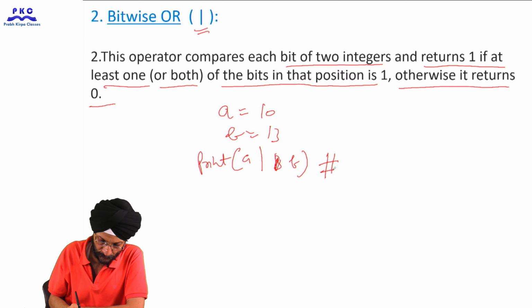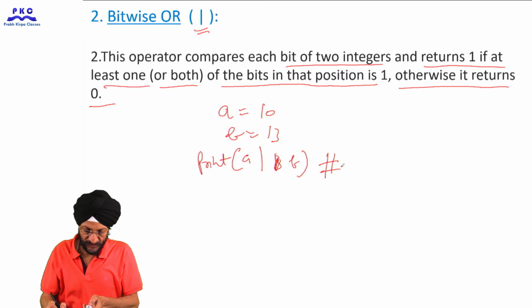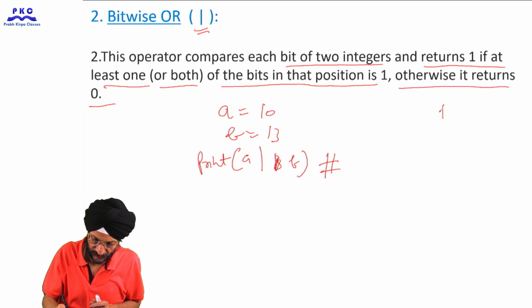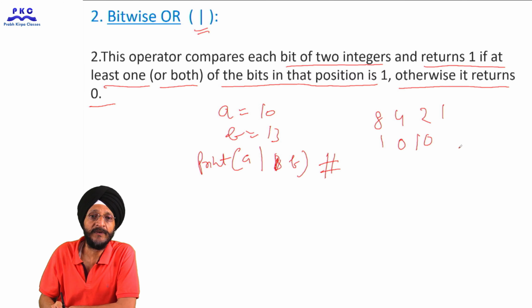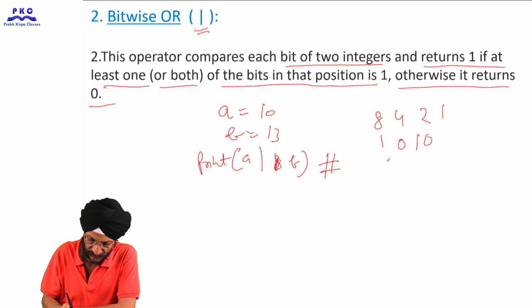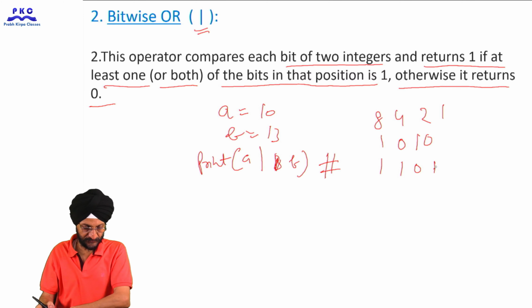Now what is the output? We have already calculated the values 1, 2, 4, 8. In case of 10, we have written 8 plus 2, so 1 0 1 0. In case of 13, we had 8, 4, 0, 1.